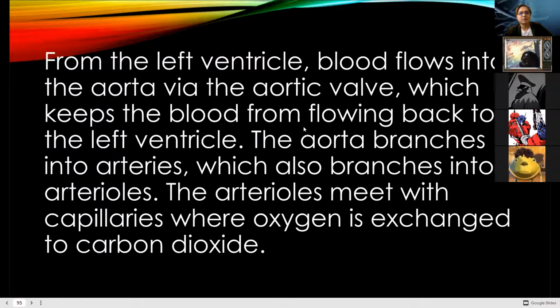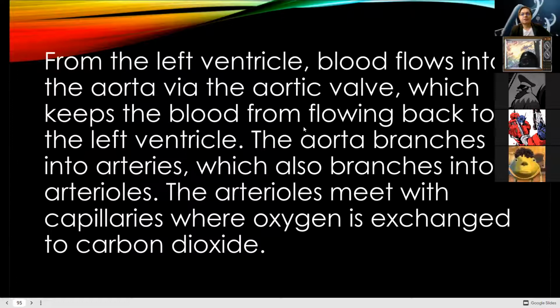It will be pumped by the left ventricle to the aorta via the aortic valve, another semilunar valve, which keeps the blood from backflowing again to the left ventricle. The aorta branches into arteries, which also branch into arterioles, and the arterioles meet the capillaries, where oxygen is exchanged for carbon dioxide. And the cycle repeats again and again.